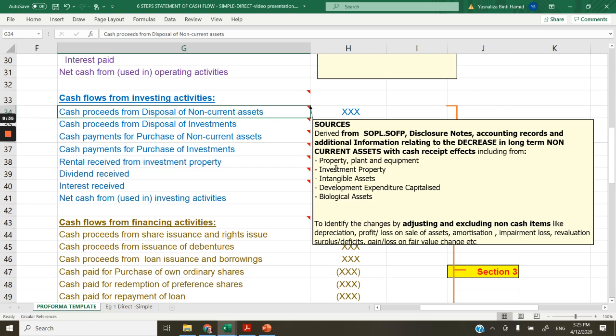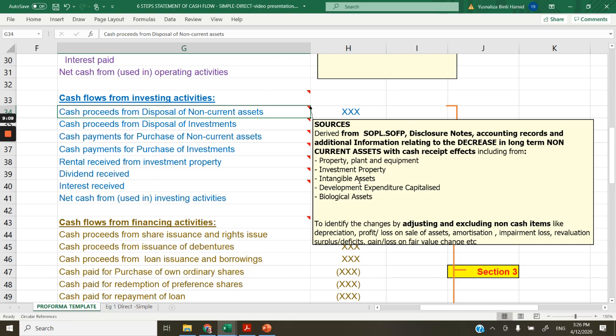You will write here cash proceeds from property, plant and equipment, or you would say disposal of property, plant and equipment. If it's investment property, which is under IAS 40, MFRS 140, you would include that as a disposal of investment property here. You write that specifically. Intangible assets like patents, trademark that you acquired, maybe other intangible asset like customer lease that you acquired, or any other intangible asset like rights if you acquired.